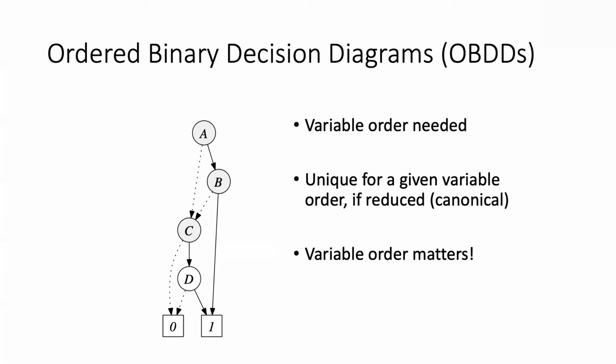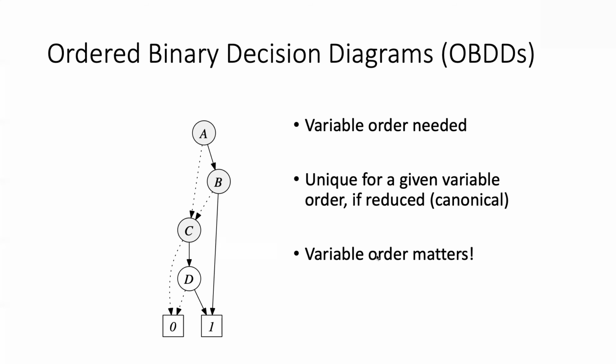We mentioned this briefly, but there are other reasons for why canonicity is important. And as we discussed in our last lecture on OBDDs, the variable order does matter. We've seen a situation where the size of the OBDD can be linear in the number of variables versus exponential in the number of variables, depending on which particular variable order you use.